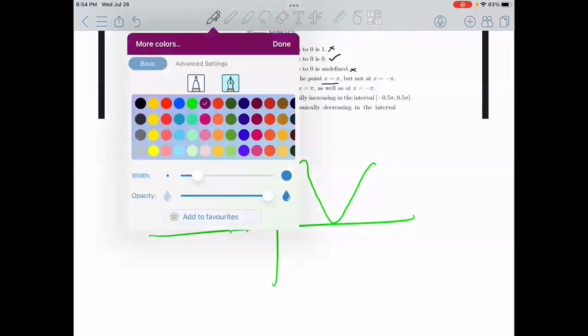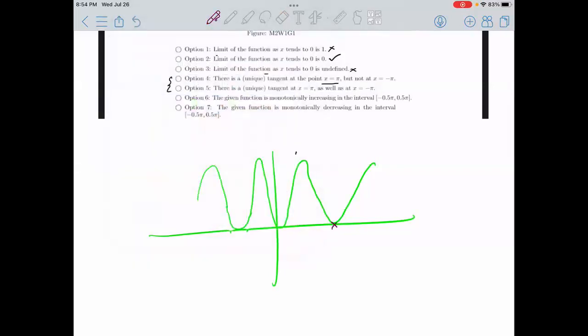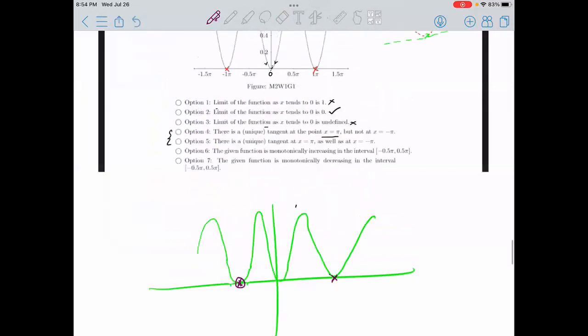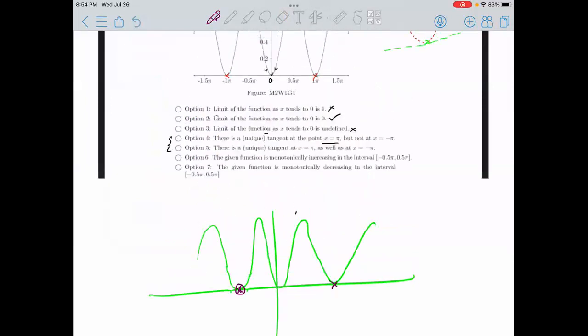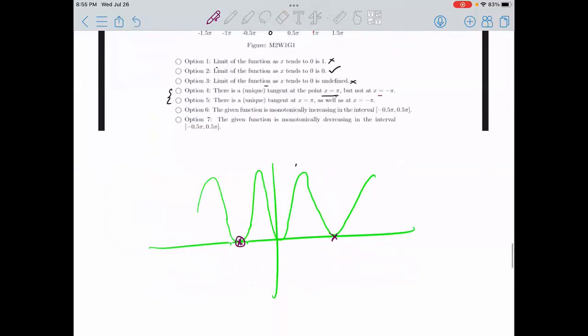Now listen carefully. He's asking about the tangent at this point. Look, the x-axis is the tangent because it is only touching at this point. And he's telling that there is a unique tangent at x equal to pi but not at x equal to minus pi. Look, y equal to 0 is the tangent for this line.